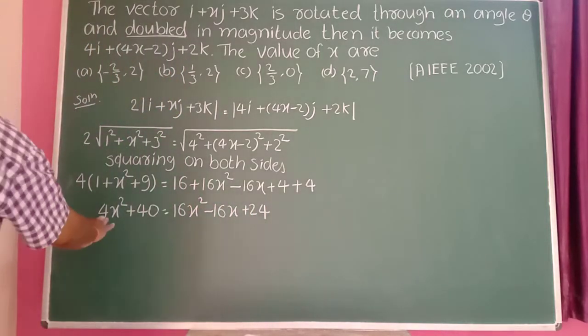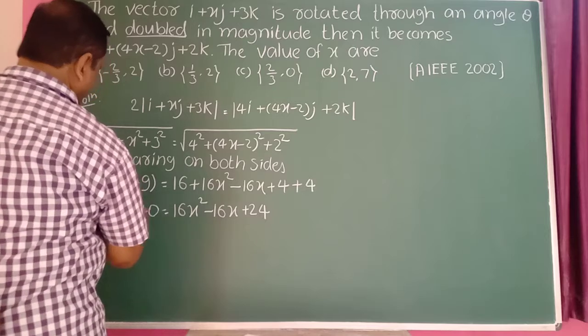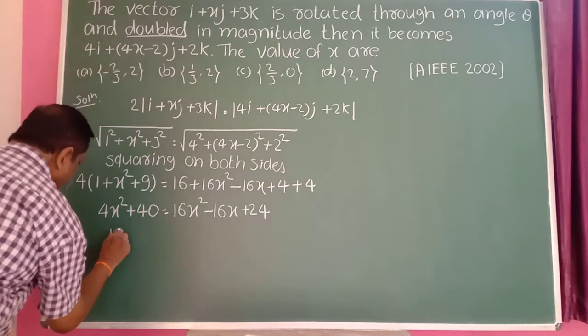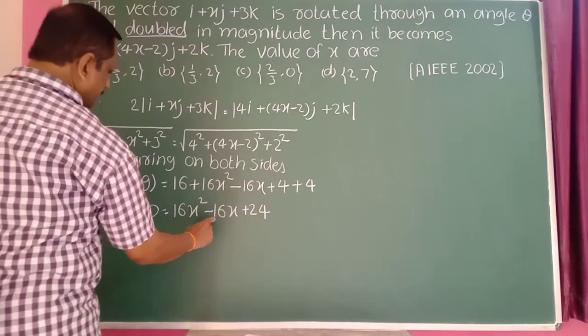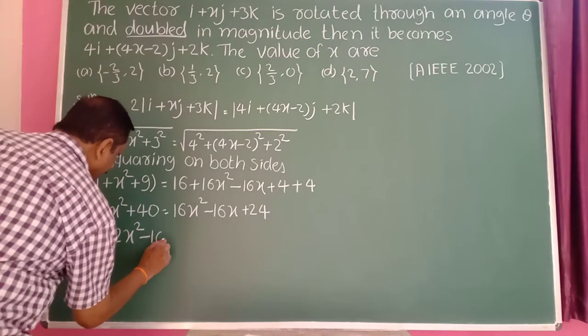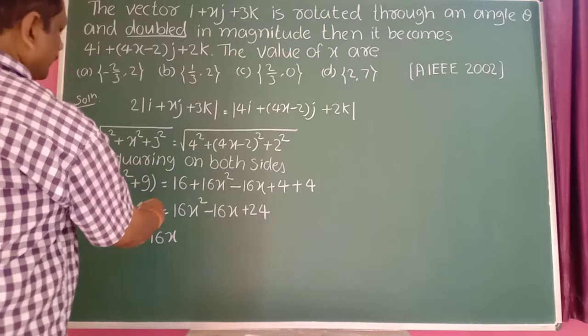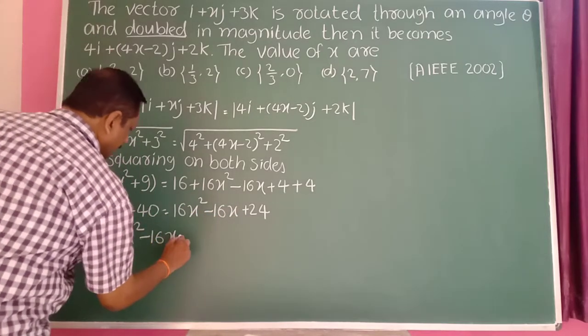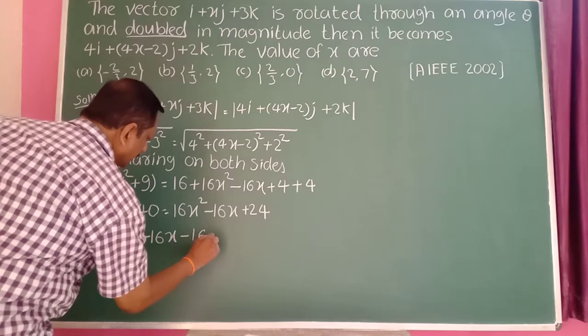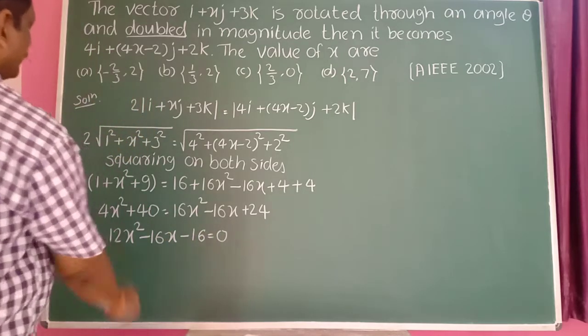Next take all the terms on right side here, 16x square minus 4x square gives 12x square here, minus 16x, and take 40 this side here, so 24 minus 40 gives minus 16, that is equal to 0.